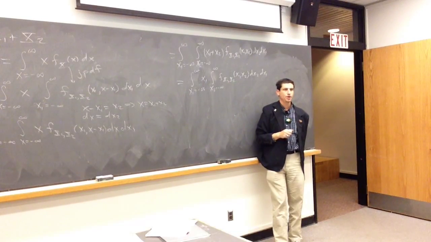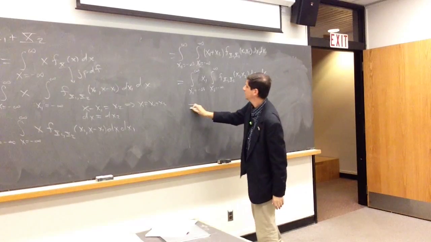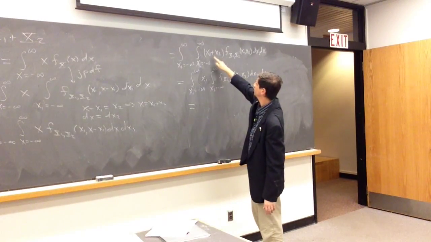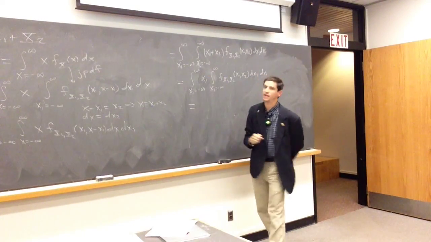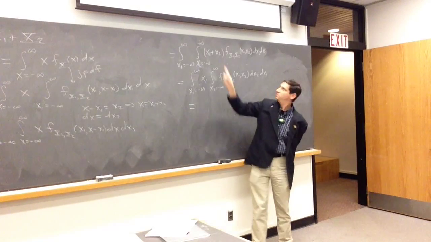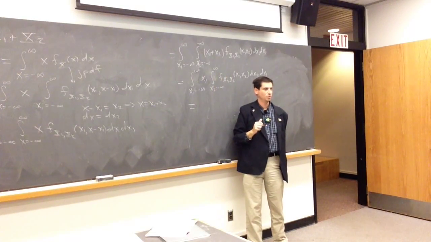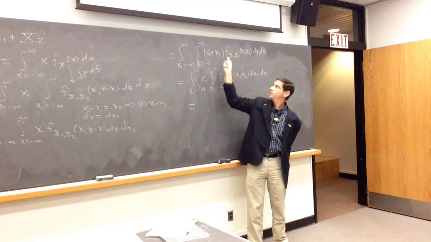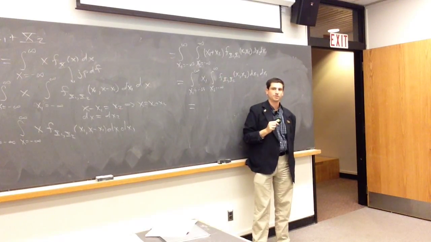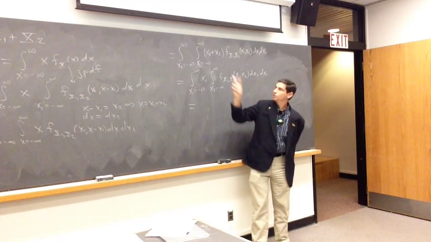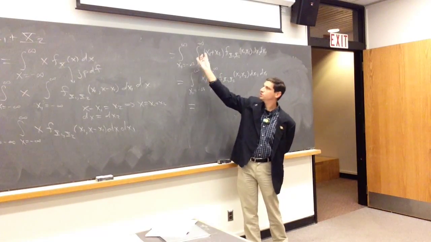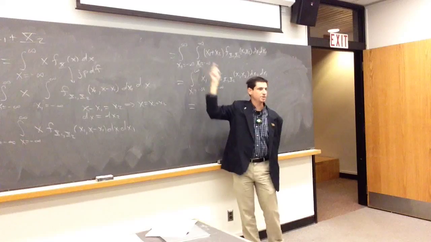Right? For the second one, I'm going to have an x1 and an x2. I want to pull that x2 outside the integration. Can I pull the x2 outside of an x2 integral? No. What do I need to do first? What do I need to do if I want to pull the x2 outside of an integral? Switch the order. So for the next one, I switch the order of the x1 and x2 integral, and then I can pull the x2 out.